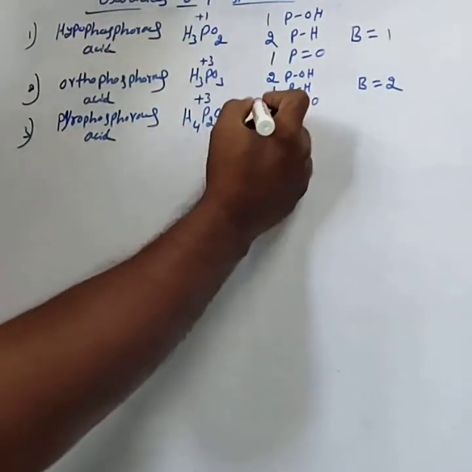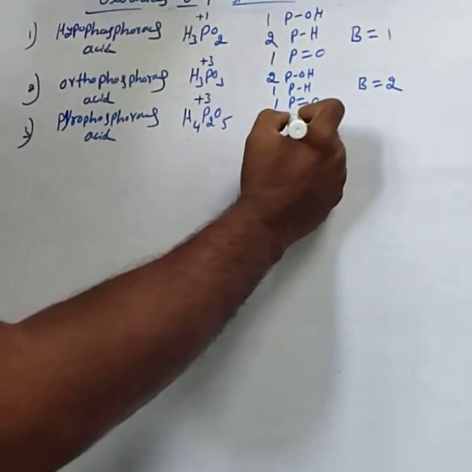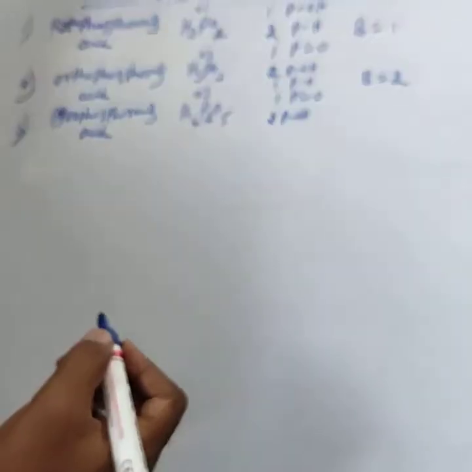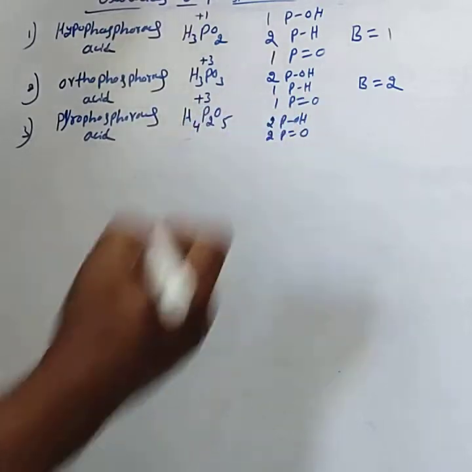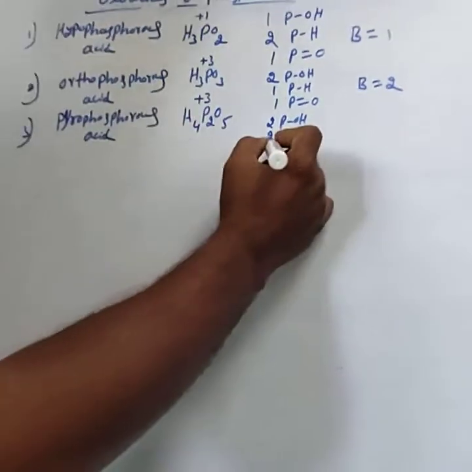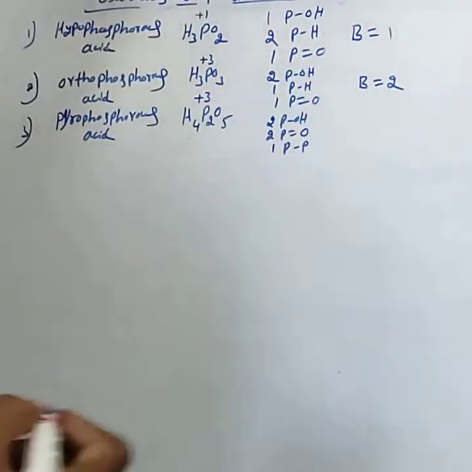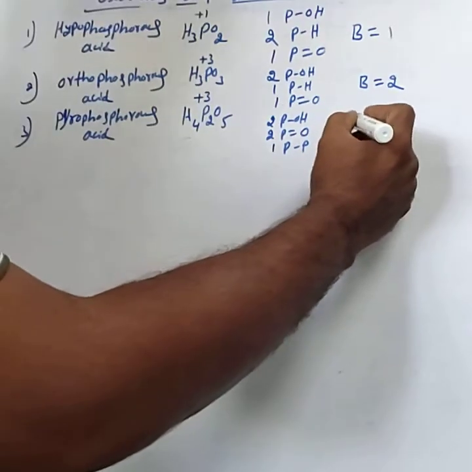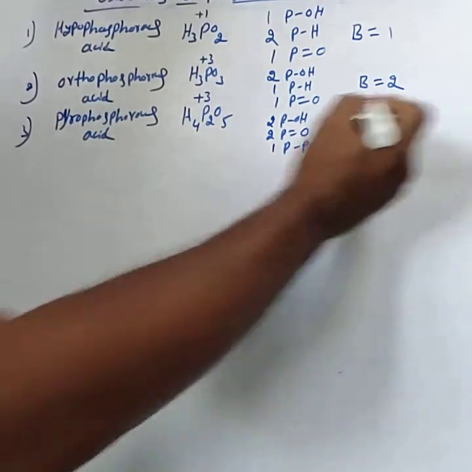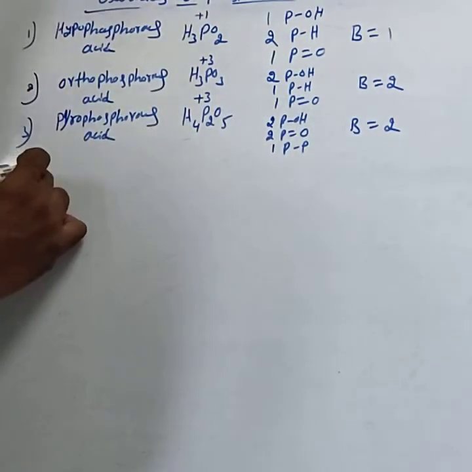It contains 2 P-OH bonds. To write the structure, you have to mention 2 P-OH bonds, 2 P=O bonds, and 1 P-P bond. It also contains a phosphorus-phosphorus bond. Then again the basicity value is 2 because of 2 P-OH bonds.